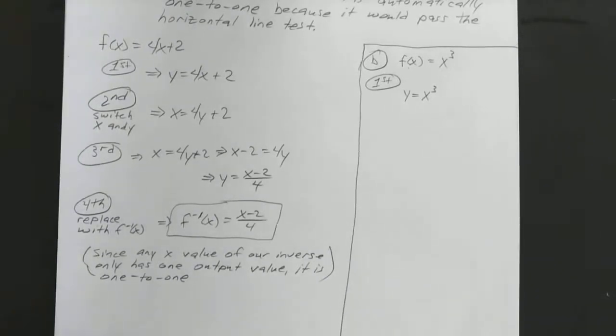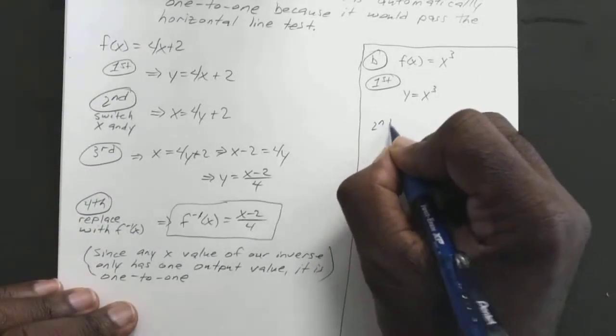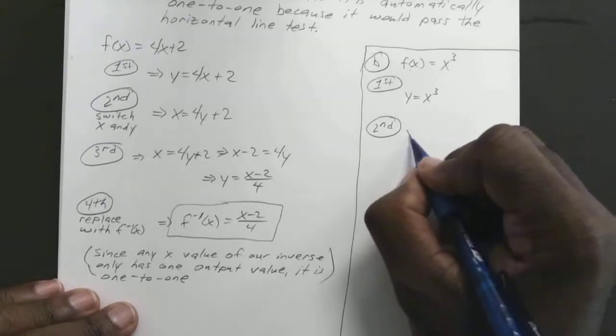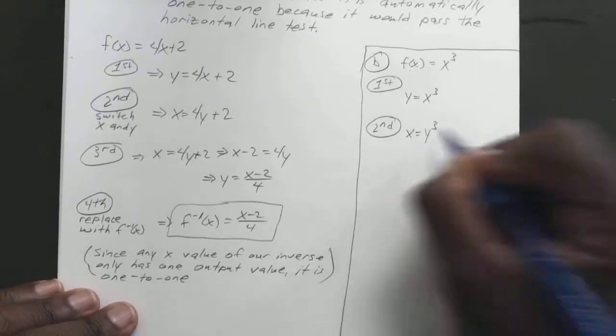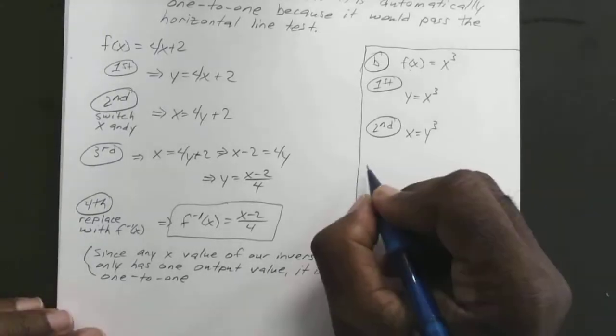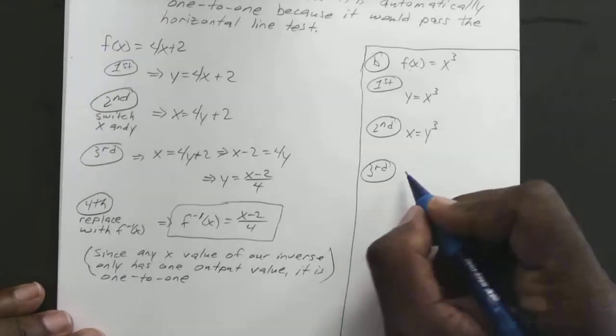So your first step, you're going to change that to y. Y equals x to the third. Then your second step, you're going to interchange your x and y. So instead of y equals x to the third, you have x equals y to the third.